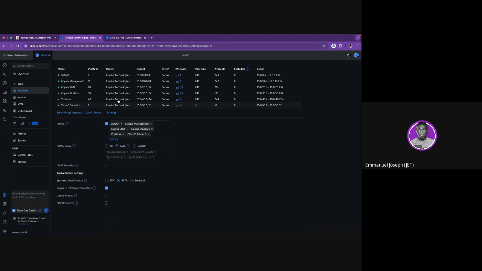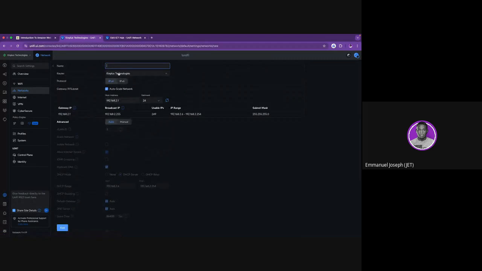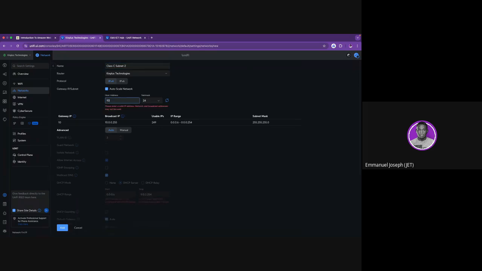Now, if we want to create the second subnet of this class C, let's call it class C subnet 2. So who can tell me the IP? Don't let me write it. Who will tell me the IP? 10.0.50, and 10.0.